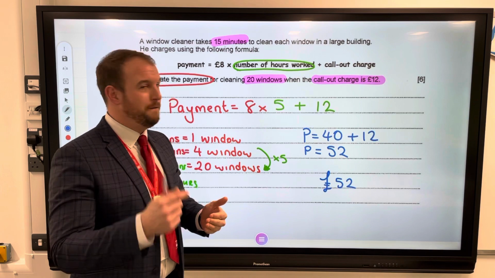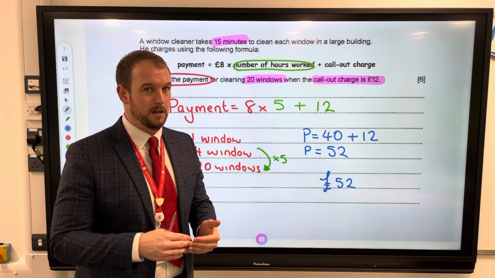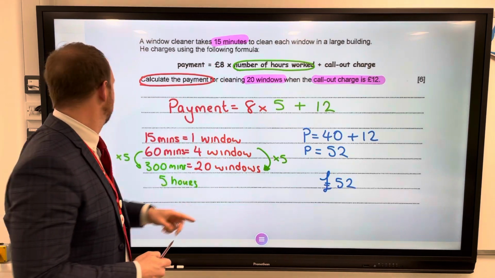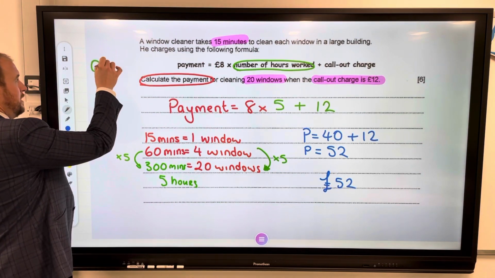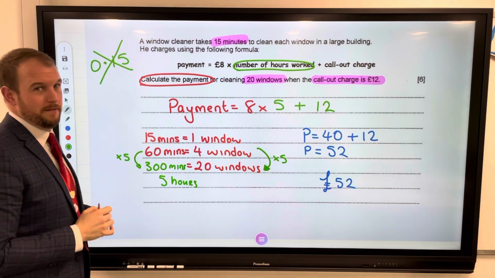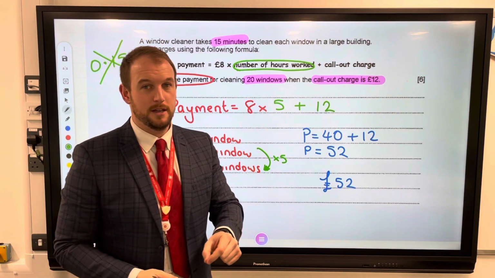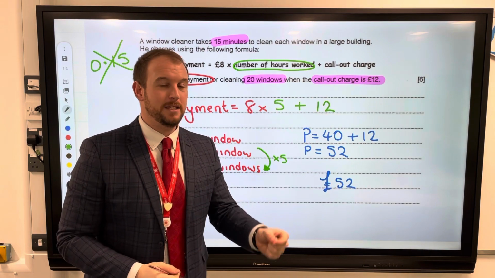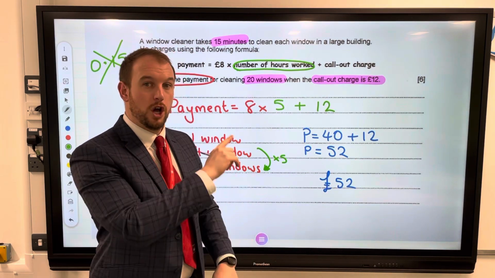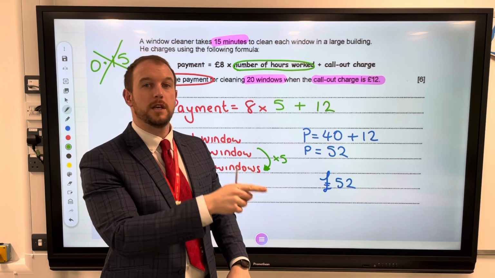If you converted to a decimal, if you're allowed to use a calculator, 15 minutes is not 0.15. I know you're tempted, but 15 minutes is a quarter of an hour. Think of a clock. 15 minutes, quarter past.